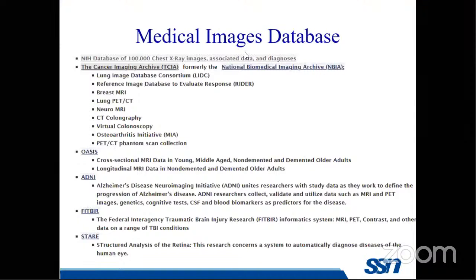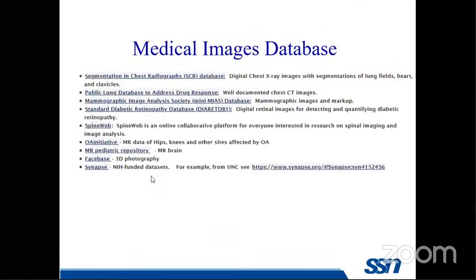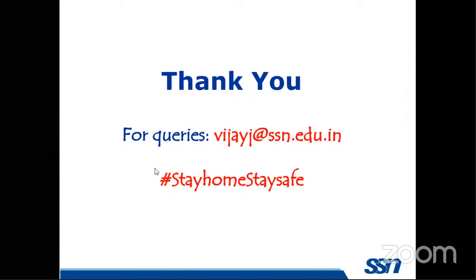This is for your information: we have a few medical image databases that you can get from publicly available sources like OASIS, ADNI, Fitbit, and STARE. From all these publicly available databases, you can get your images. That's all about the medical image retrieval system, and you still have a lot of avenues to work on it. If you have any questions, you can ask me.